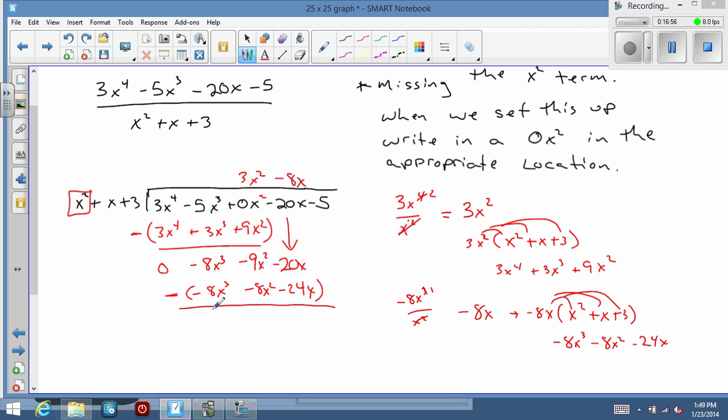Here in the front, we get 0, subtracting the same value. Negative 9x squared minus a negative 8x squared, double negative, so we're adding. So negative 9x squared plus an 8x squared is negative 1x squared. Again, negative 20x minus a negative 24x. So double negative, we're adding, and we get positive 4x.